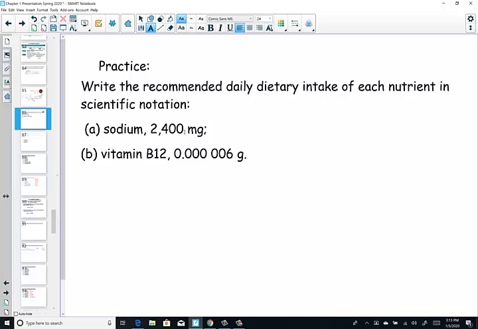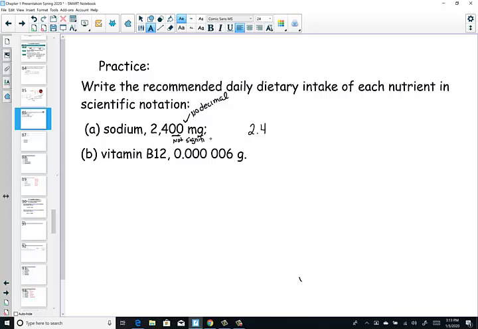Alrighty, so here is the decimal point after the 0, and I'm going to move it 3 places to get the first digit that's non-zero to the left of the decimal. I am only allowed 2 sig figs. Notice because there is no decimal point there, and since there's no decimal, these zeros are not significant.